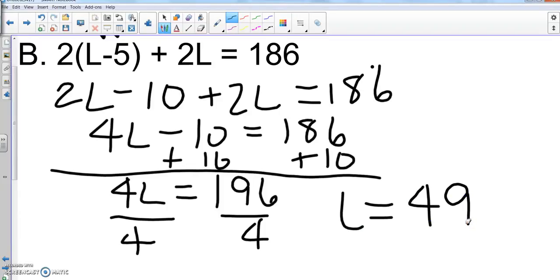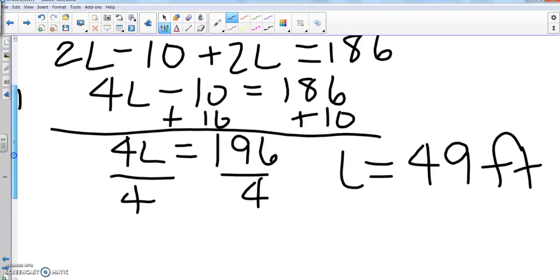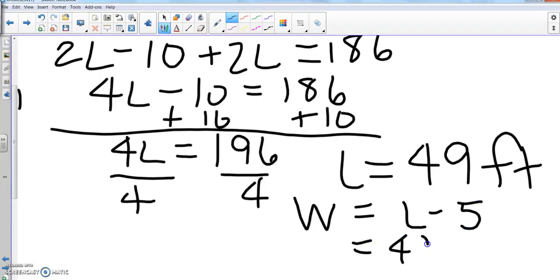49 what were they using? Feet. All right, so if the length is 49 feet, and if I go back and look, my width is equal to the length minus 5. So the length, we know it's 49 now, minus 5.